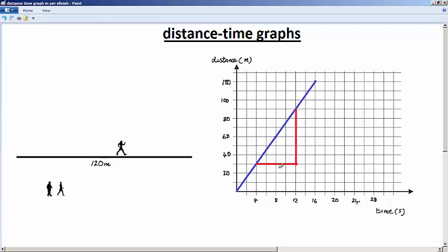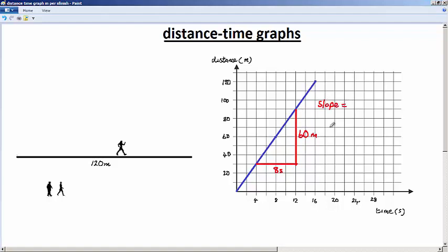We measure the horizontal length, and that's equal to 12 minus 4, which is 8 seconds, and then the change in height, which is 90 minus 30, which is 60 meters.